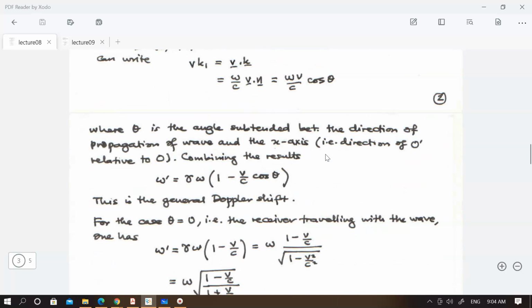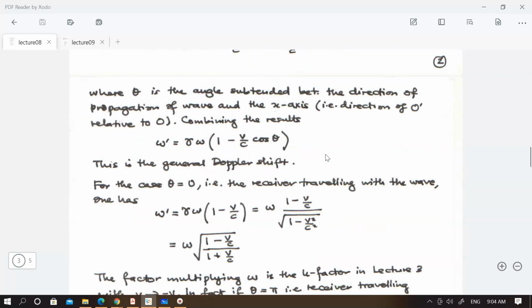Okay, so we have come to the point of showing you this general Doppler shift. Remember your O dash over here is moving with respect to O.